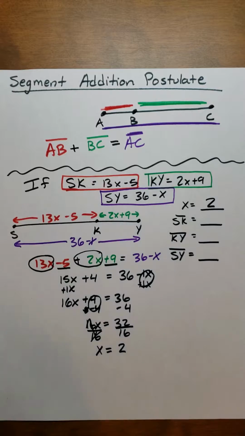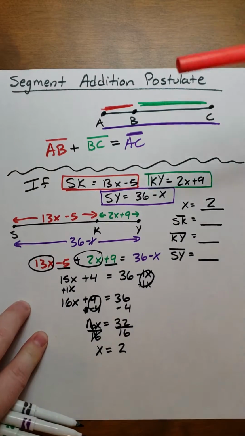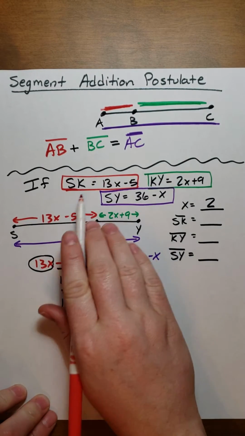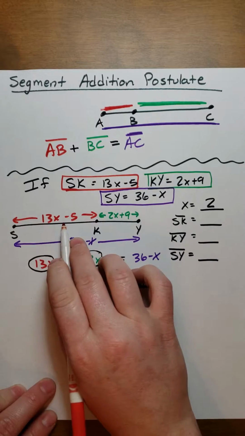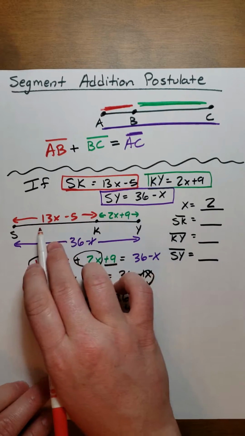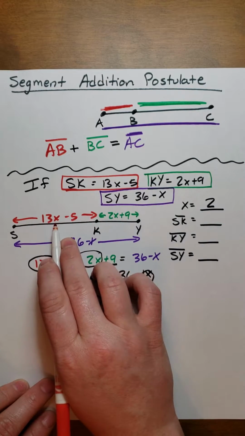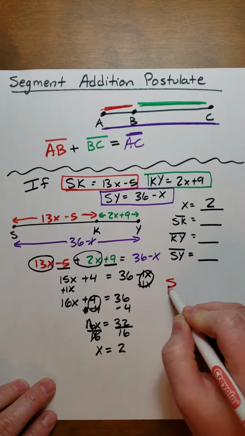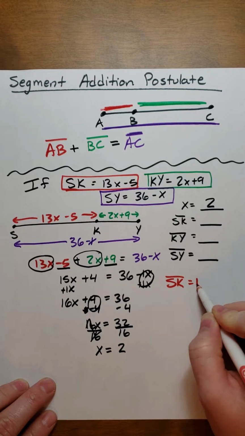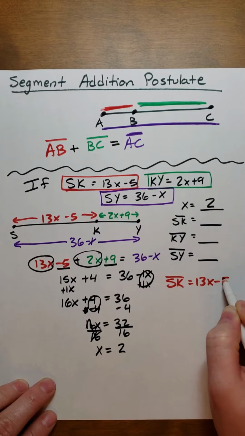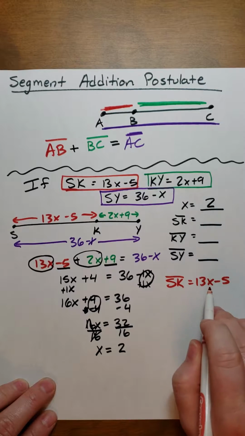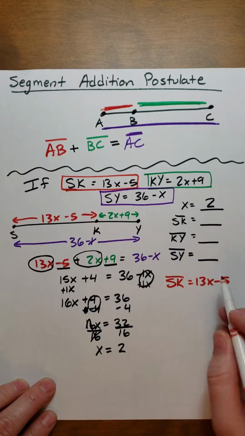Now I'm going to go back to my colors. SK is the expression they gave us, 13x minus 5, and we know that x is 2 now. So I'm going to write down SK equals 13x minus 5, and we're just going to input what we already have for x.